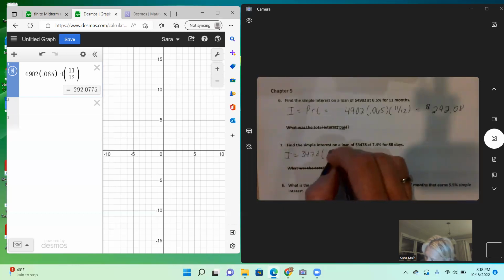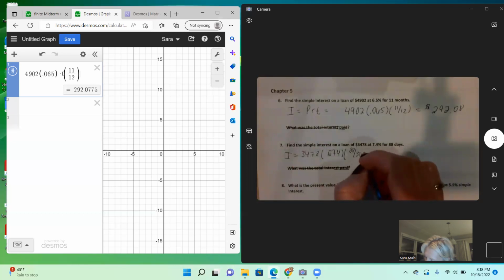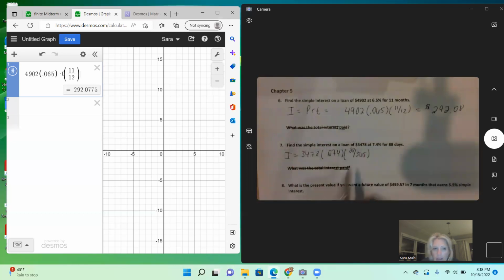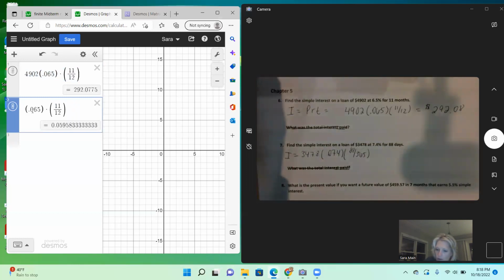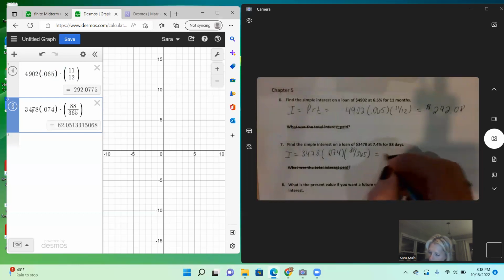The rate is 0.074 and 88 days out of 365, because we have to put that in terms of the year. And it looks like the interest that we're going to owe is $62.05.